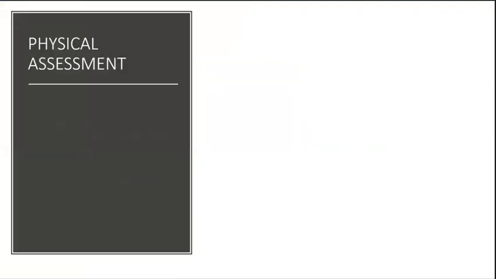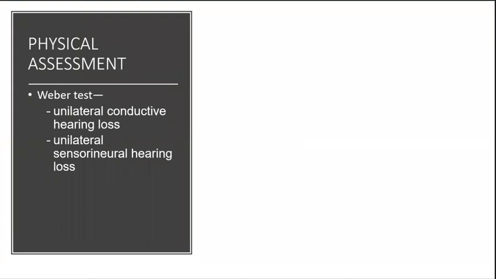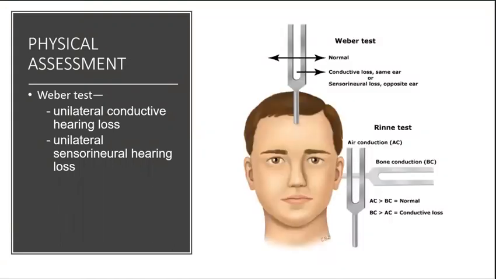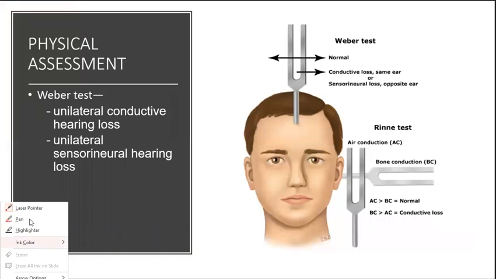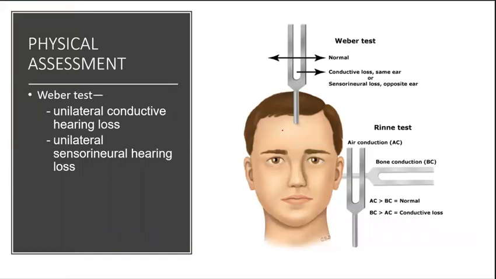When we assess the ears also, we might want to carry out a Weber's test. The Weber's test is a screening test for hearing performed with a tuning fork. So when you assess for sensorineural hearing loss, I'm going to assume I have my nerves going to the ear from the tuning fork.